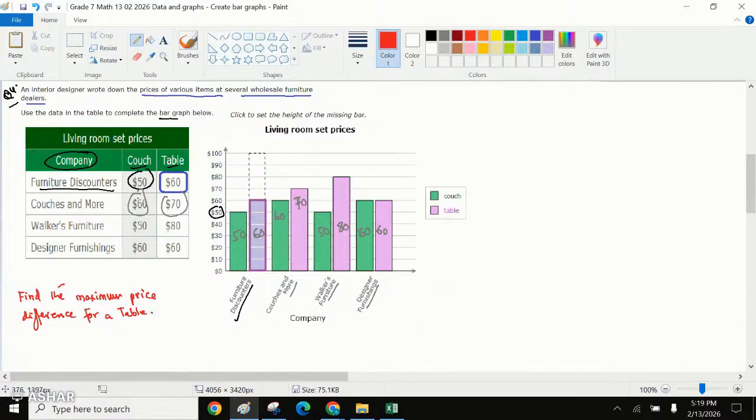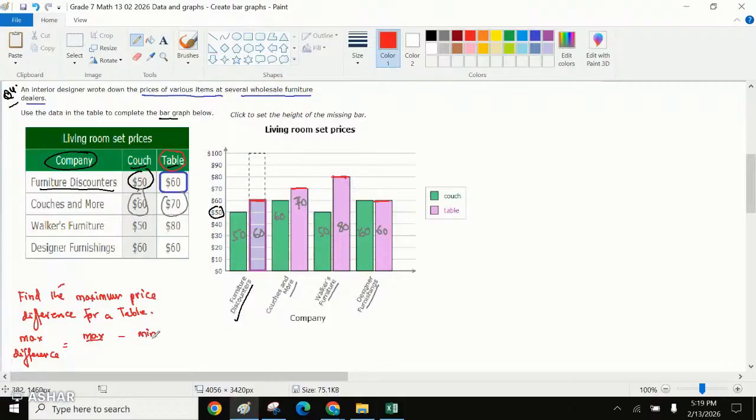So that we know that the second column was for the table, right? That means this could be 60, this was 70, 80, and 60. So maximum difference would mean the maximum price minus the minimum price, the cheapest, right?